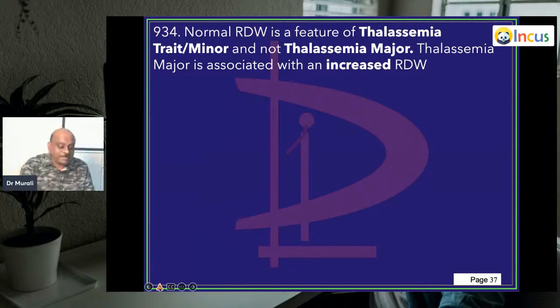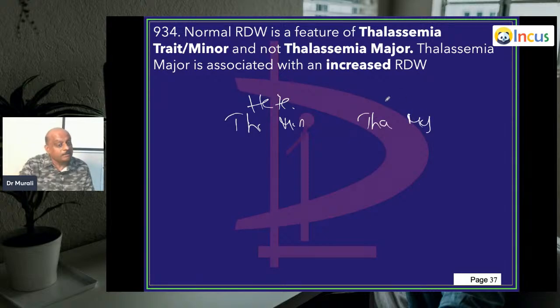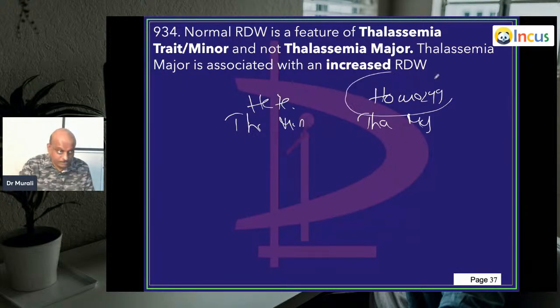Right? Once more, in thalassemia, there are varieties. How many varieties do you have? Thalassemia minor, where it is a heterozygous condition. Thalassemia major, which is a homozygous condition. Very common. Thalassemias in our community are very common. Sickle cell anemias and all that.